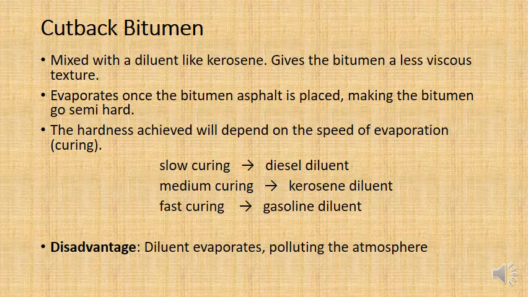Now, that's a bit of a problem when you're making asphalt, because remember, bitumen needs to be mixed with aggregate in order to make asphalt. If it's really viscous, it's going to have very low workability, similar to concrete.